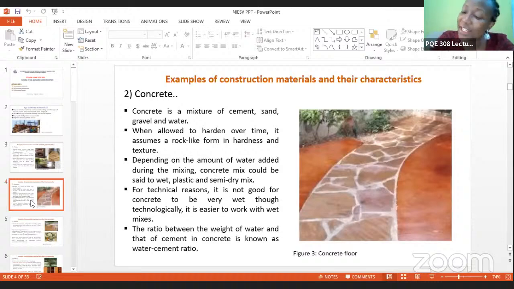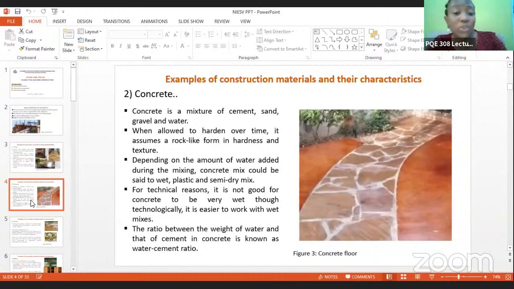Admixtures are added into concrete in order to modify their properties. Instead of using more water, a good example of an admixture that you can use is called a plasticizer. You can get them from chemical industries. So we put plasticizers inside our concrete to prevent us from adding too much water.